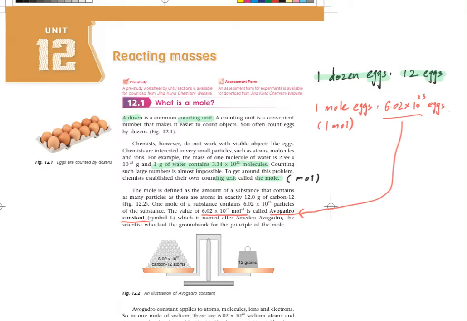So for memorizing this Avogadro constant, the power of 23 is easy for me to memorize. Then you just need to memorize 6.02, and you know the constant is 6.02 times 10 to the power 23. Later on we'll use this Avogadro constant for calculation.